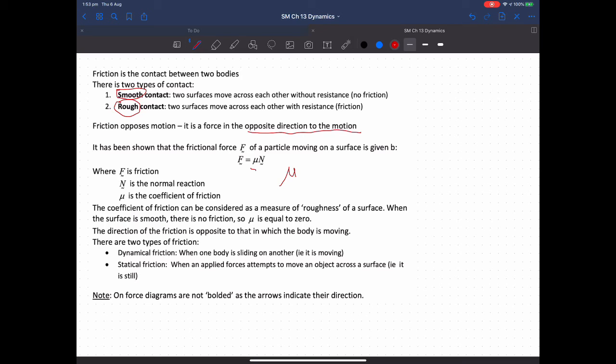If the body is still, then there is what we call static friction. Static meaning not moving. To solve a lot of the problems, what you'll need to do is draw force diagrams. On the force diagrams, we do not bold arrows or anything else. We just draw them as normal lines.